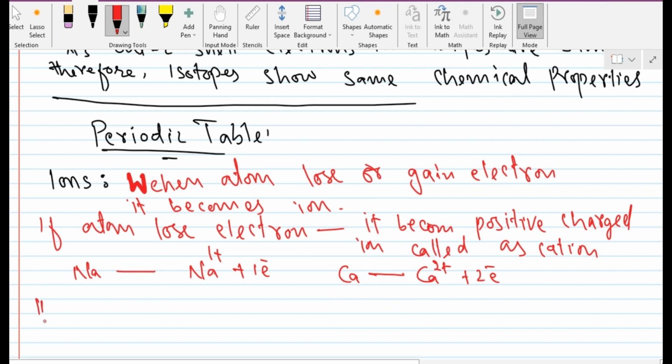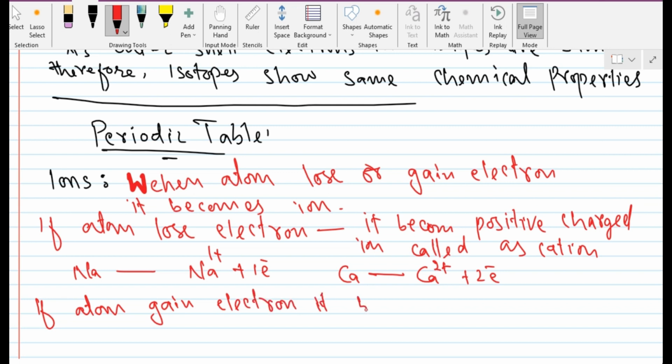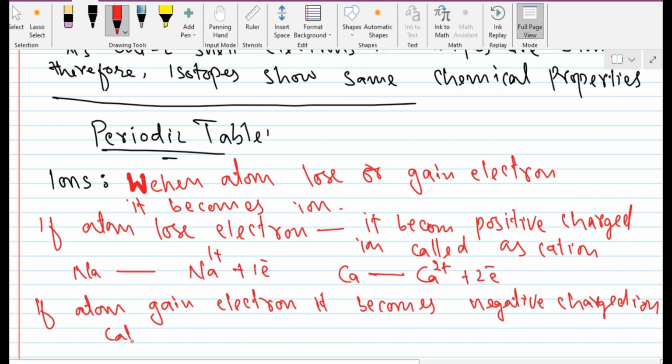Next, if an atom gains electrons, which non-metals usually do, it becomes a negatively charged ion, also called an anion.